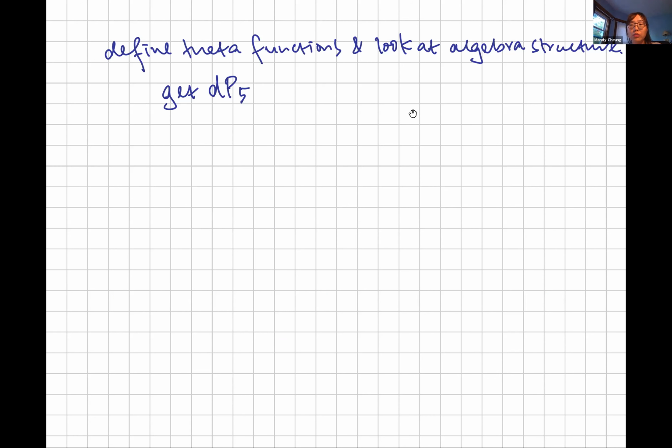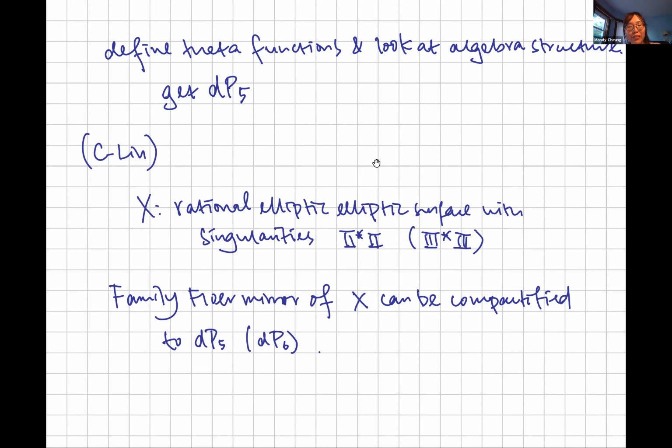So we know that our space, as Mark pointed out at the end in the Q&A session, carries a compactification to dP5. So we start with this rational elliptic surface with singularity of type 2 star 2 or 3 star 3, and then the family Floer mirror of this space can be compactified to dP5 or dP6 in the second example.